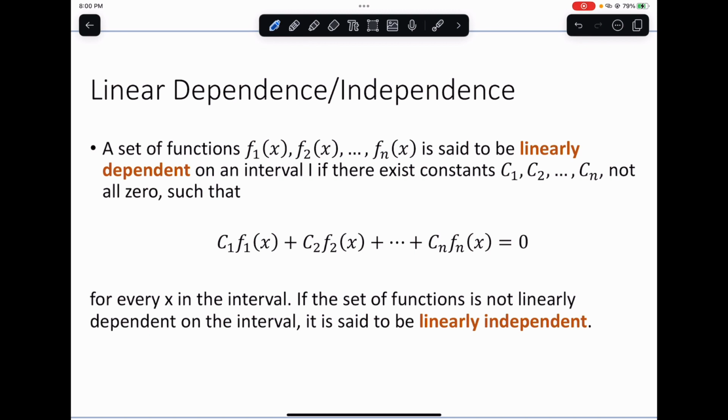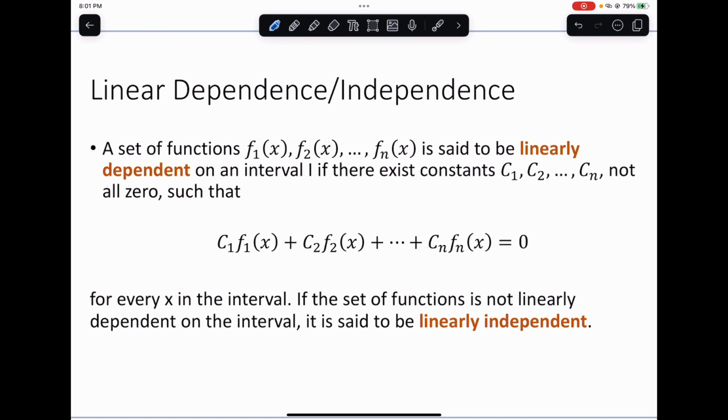So if we can think of any combination of arbitrary constants, not all equal to 0, that would make the linear combination of all the functions equal to 0, that makes it linearly dependent. Because if we cannot find a combination of those arbitrary constants that would make it equal to 0, then that makes it linearly independent.